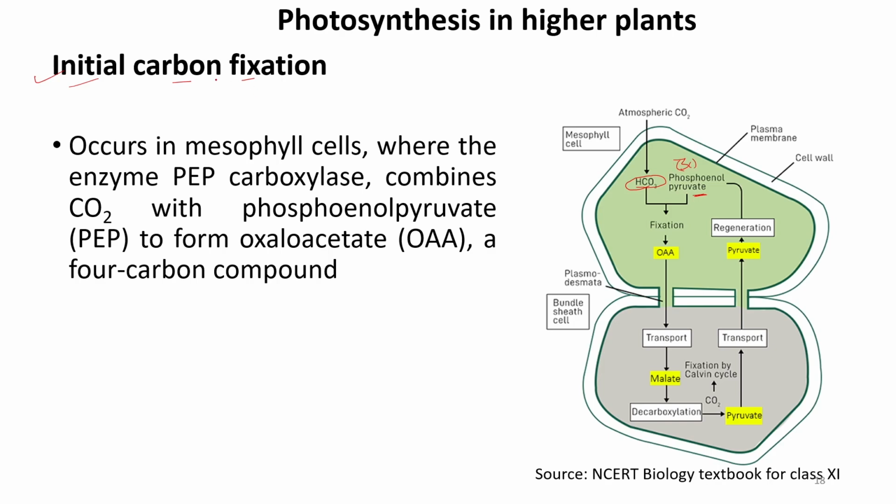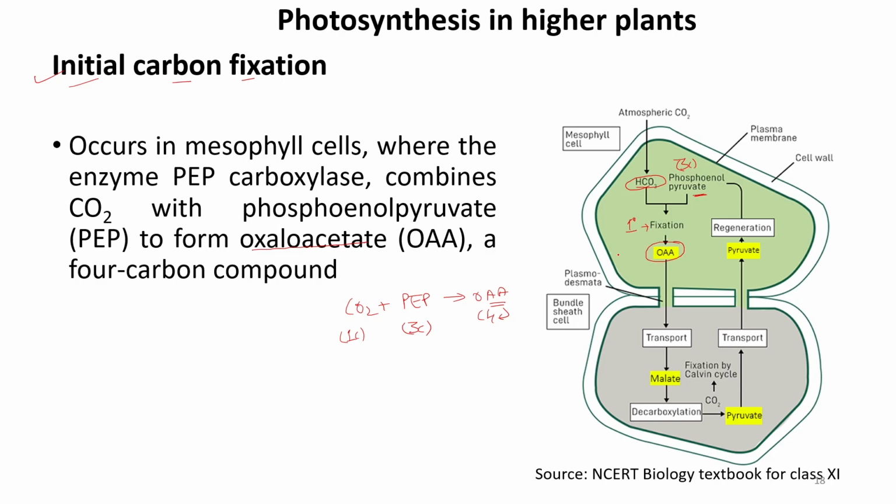You can just write carbon dioxide combines with phosphoenol pyruvate. This has 1 carbon, phosphoenol pyruvate has 3 carbon, and what is formed? A 4-carbon compound known as oxaloacetate is formed. Primary carbon dioxide fixation here leads to the formation of oxaloacetate.